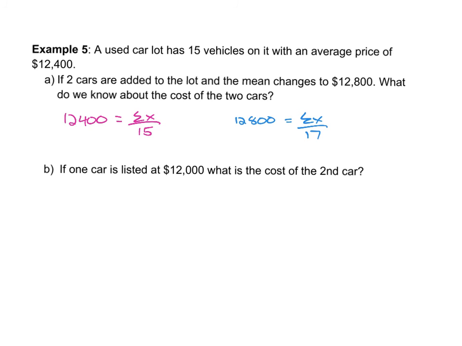Now, if we take a minute to compare the cost of the cars, we can solve these like equations, where that 15 would now be 100, multiply both sides by 15, and we have $186,000. And if we go over here to figure out the cost after adding the 2 cars, we could multiply by 17, and that's going to get us $217,600.